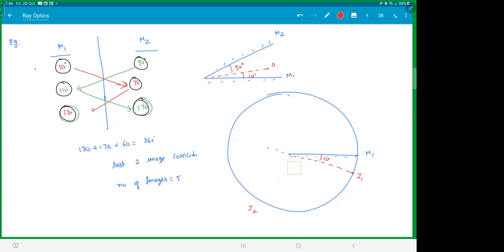Sorry, 10, 70. The red ones are the M1 ones. And the third one is 130.